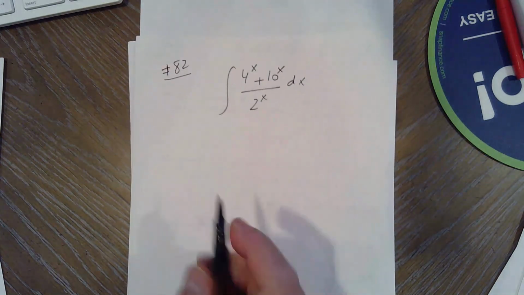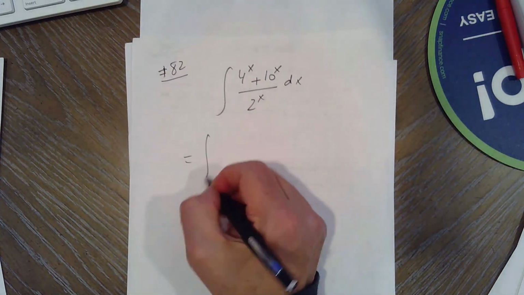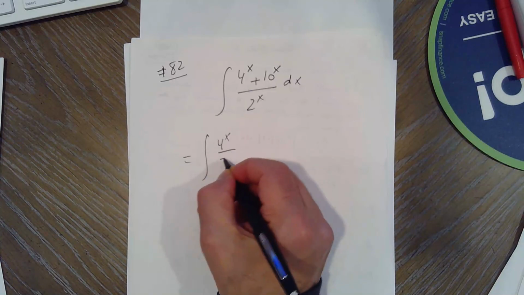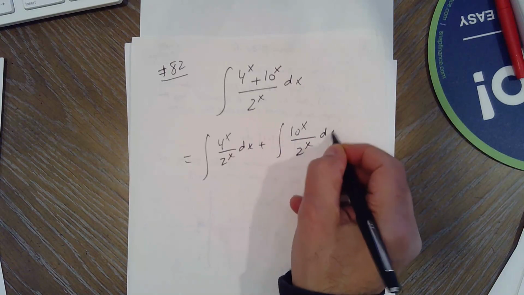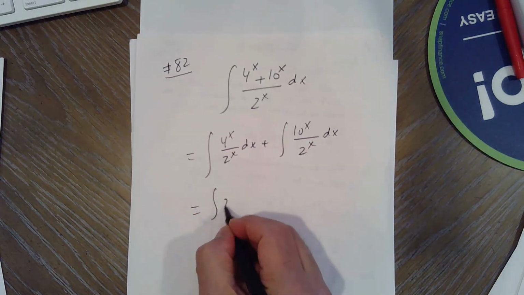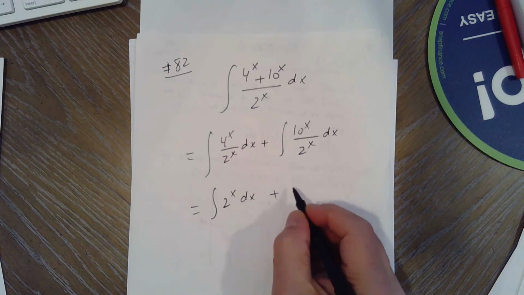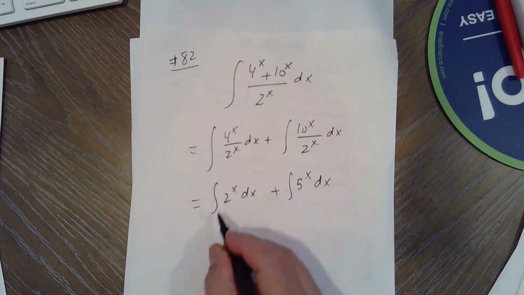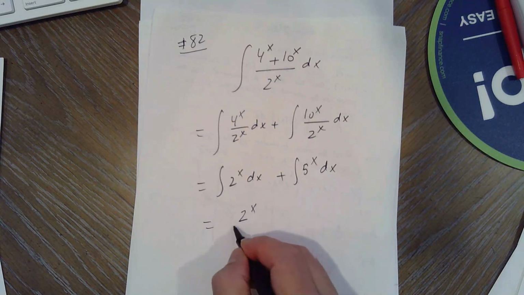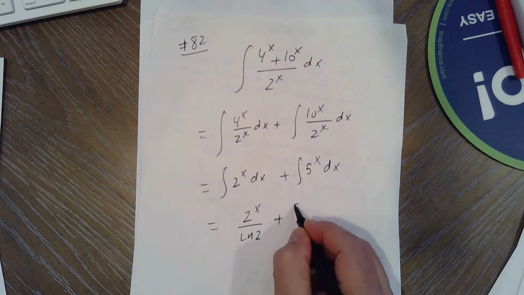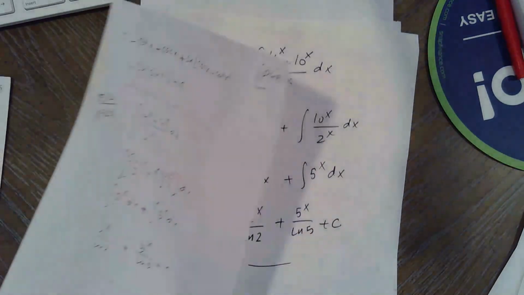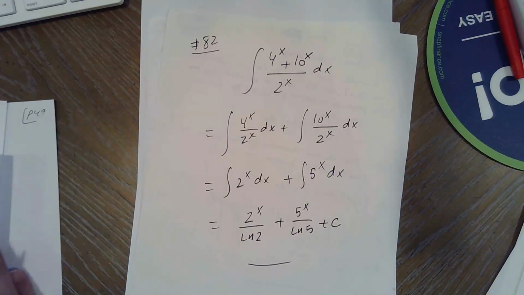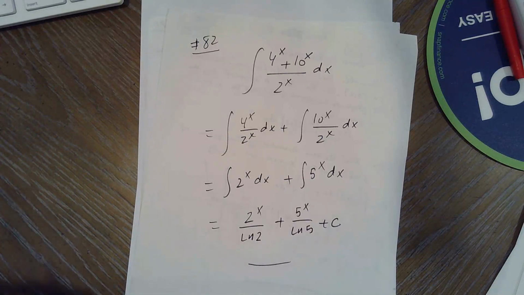If you split it up, see, that's why we have to manipulate sometimes, plus the integral of 10 to the x over 2 to the x dx. 4 over 2 is 2, and 10 over 2 is 5, and we know what the integral of a to the x and b to the x is. 2 to the x over ln 2, plus 5 to the x over ln 5, plus c. And that does it for 7.5.